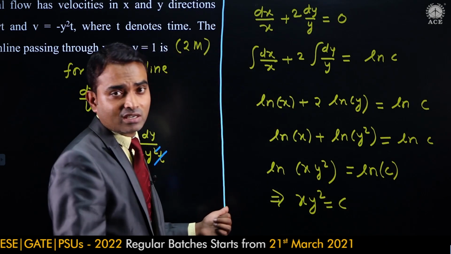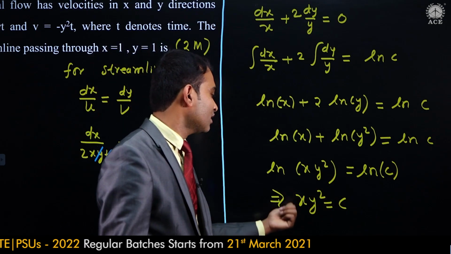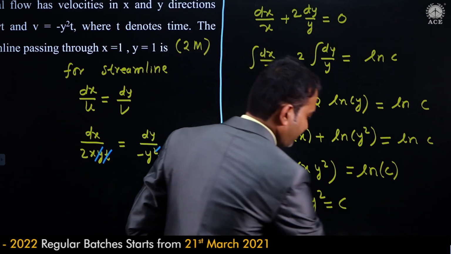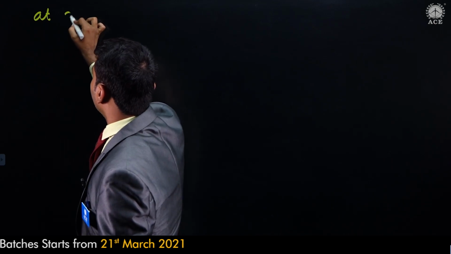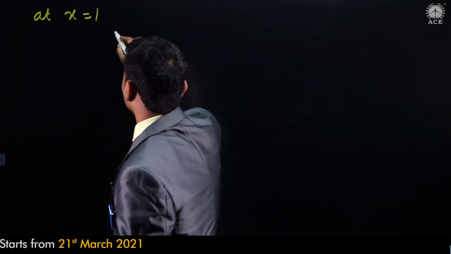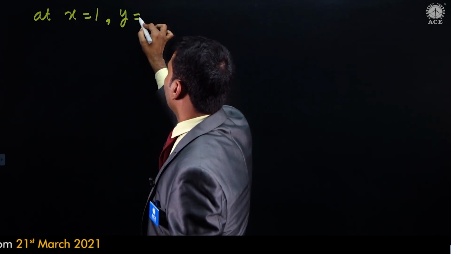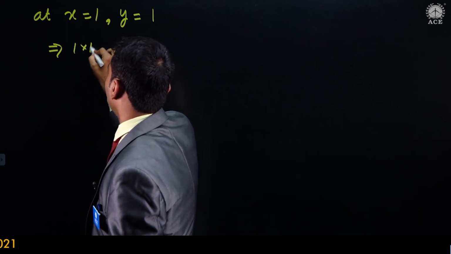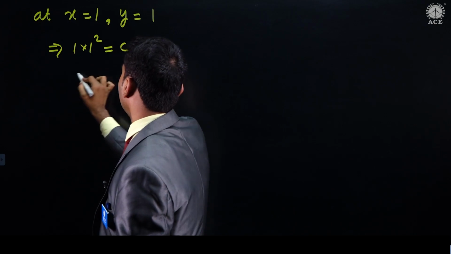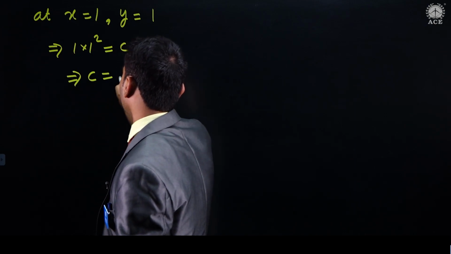Now here boundary conditions are also given. At x equal to 1, y is equal to 1. So this implies 1 into 1² equal to c, or c is equal to 1.